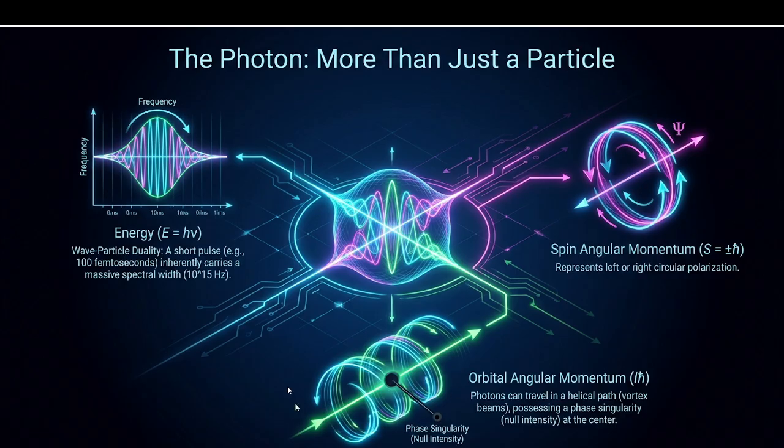You can see here how the helical path is defined, and that depends on the positioning of the phase singularity at the center, with null intensity at the center. You can see the phase singularity, null intensity at the center.